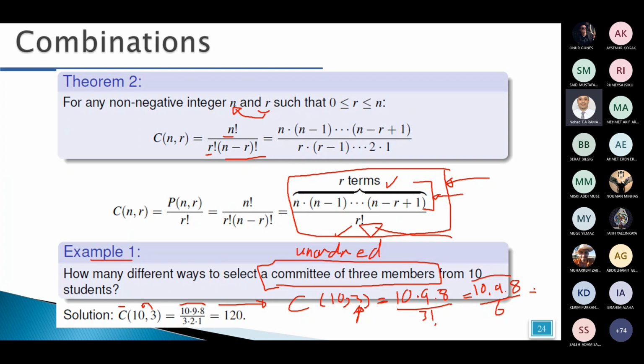So the answer is 120 different ways to select a committee of 3 members from 10 students, because the order is not important here. But if the order is important, it's permutation. If the order is not important, it's combination.